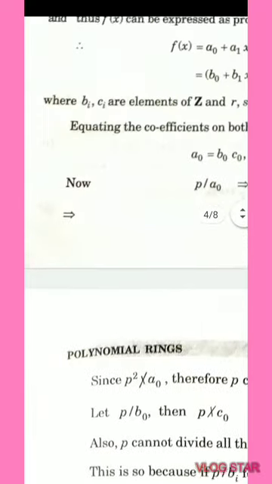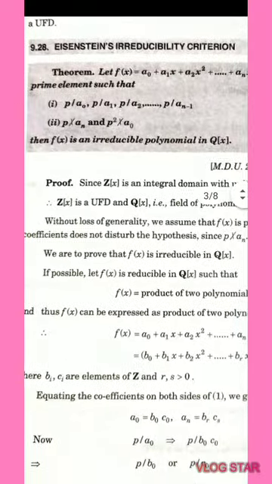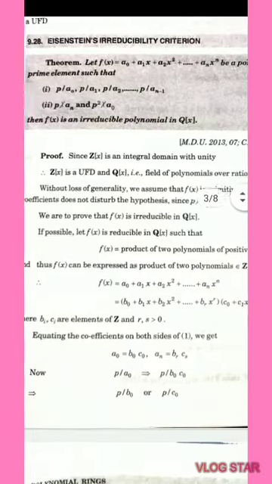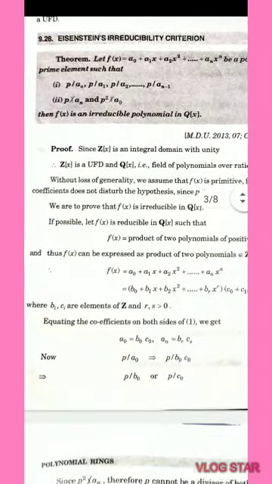Proof of this Eisenstein's criterion. Z[x], the ring of polynomials in x, is an integral domain with unity.